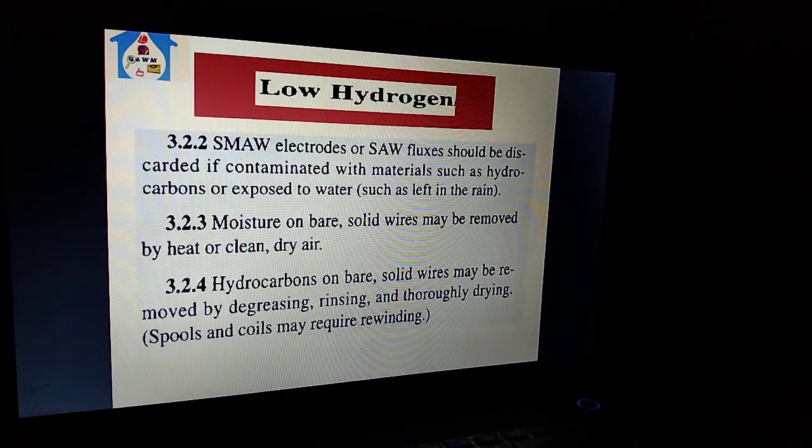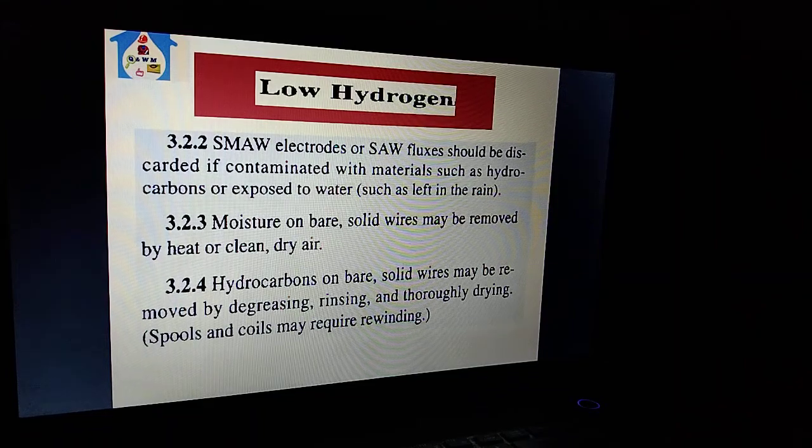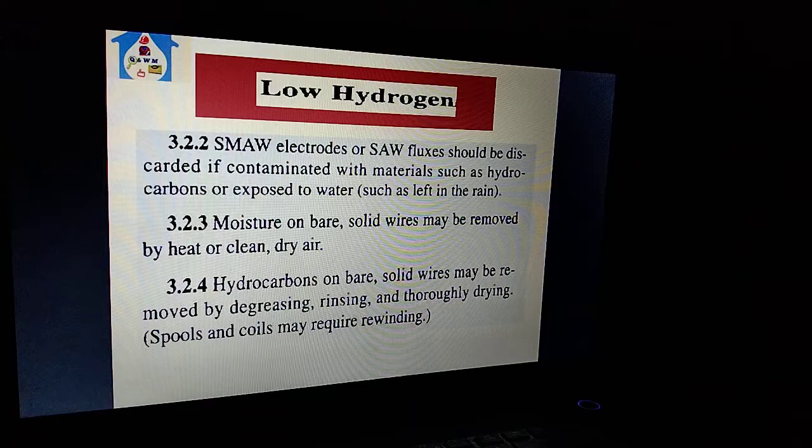Moisture in bare solid wires may be removed by heat or clean dry air. Hydrocarbon on bare solid wires may be removed by degreasing, rinsing, and thoroughly drying. Spools and coils may require rewinding.